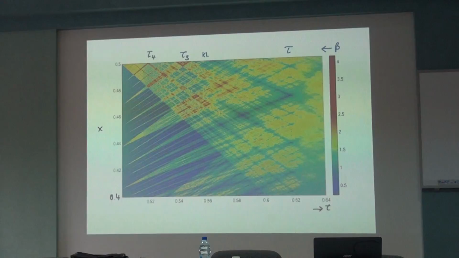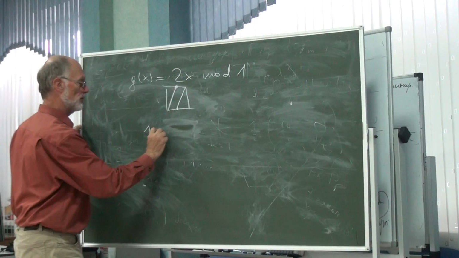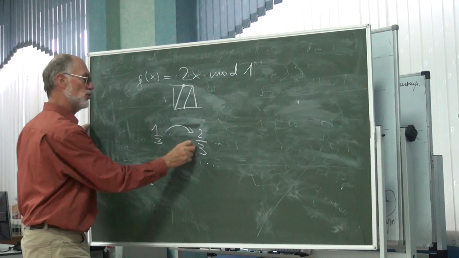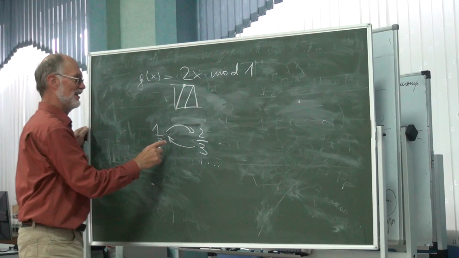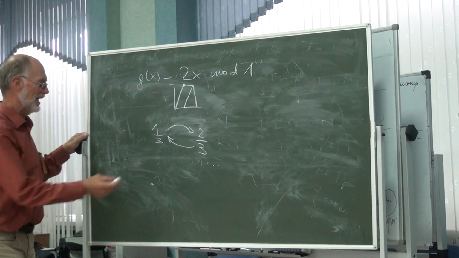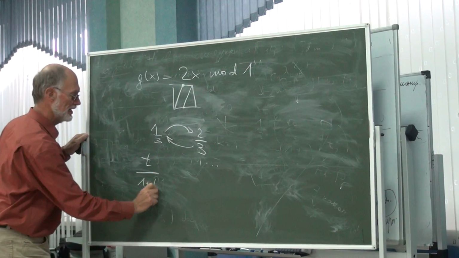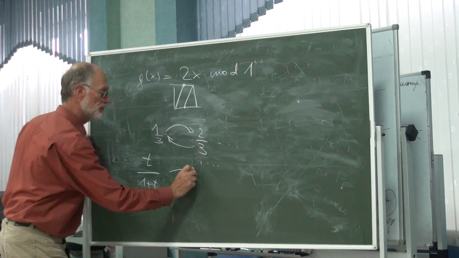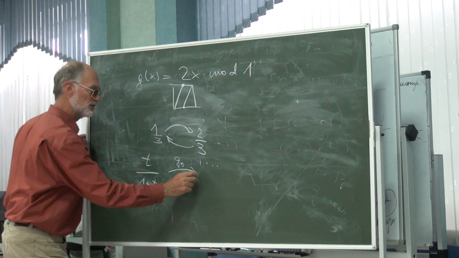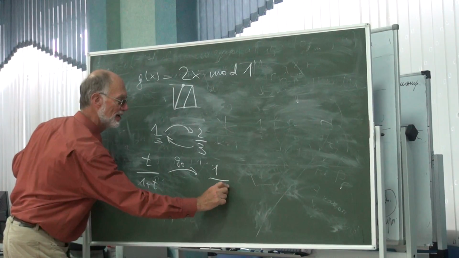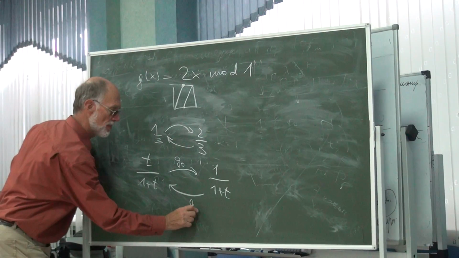When we apply g to 1 over 3, it goes to 2 over 3, and 2 over 3 goes to 1 over 3. That's the simplest periodic point. For periodic points, we have the point t over 1 plus t, which goes by g0 to 1 over 1 plus t, and this goes back by g1.